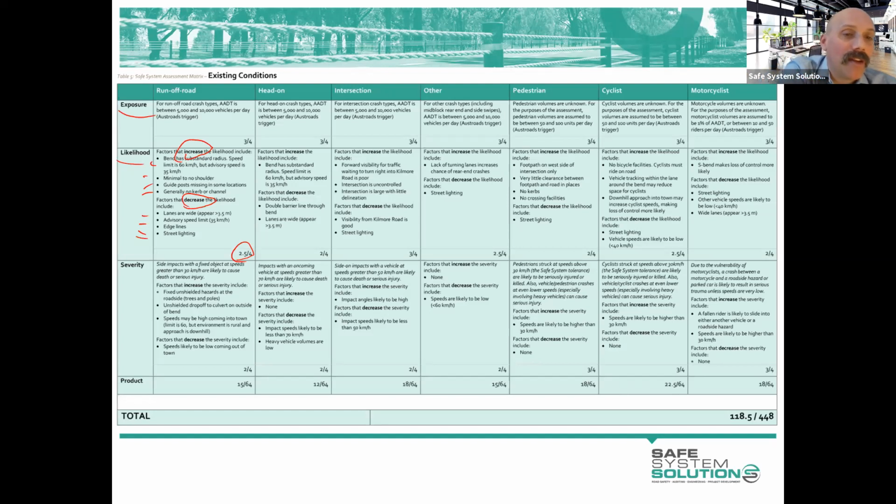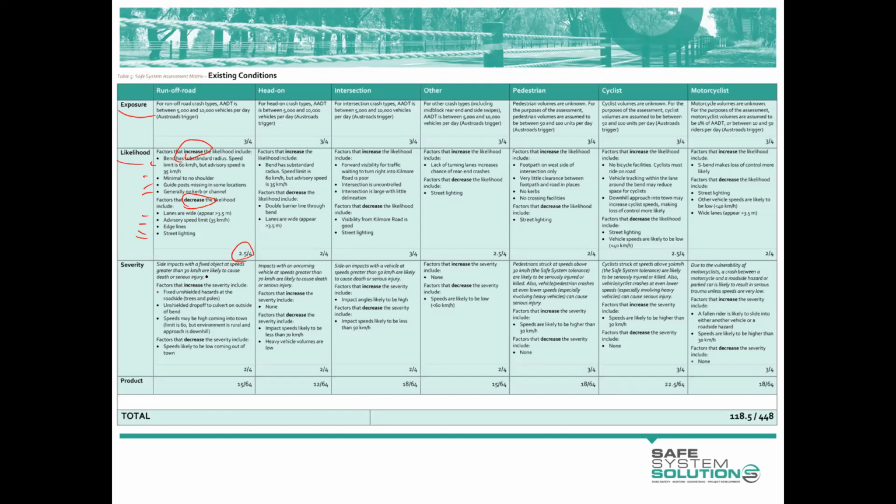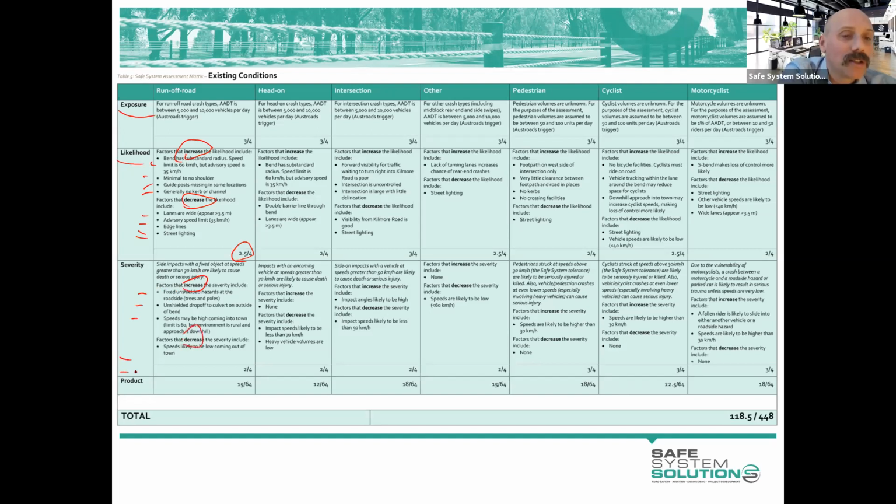So you do that then again for severity, what increases, some dot points there, what decreases, some dot points there. You get your scores, you multiply them through, you get a product score for each of these. You add that, you add that, you add that, you add that, and it equals that. And this one got 118.5 out of 448.